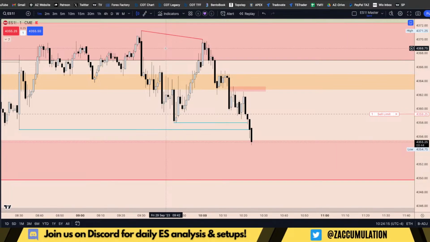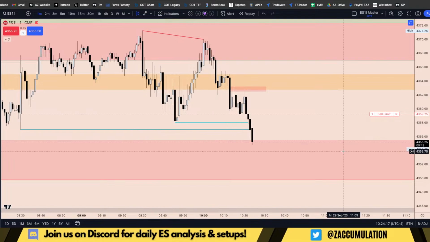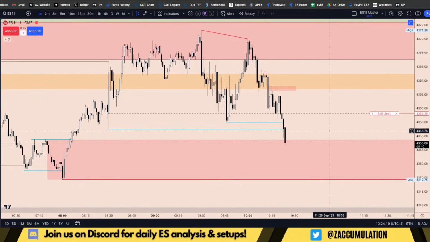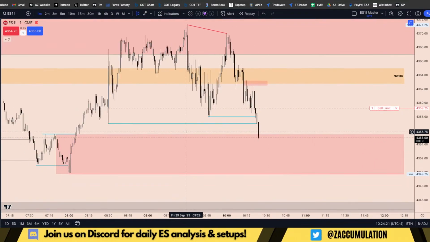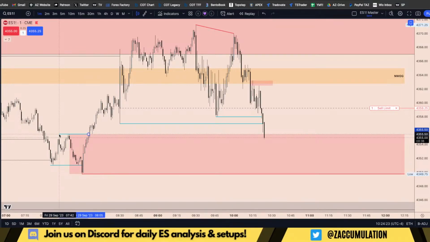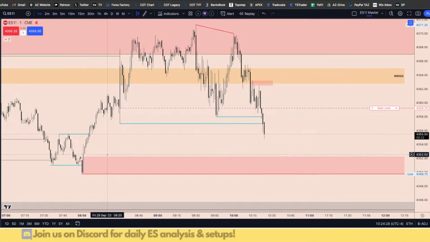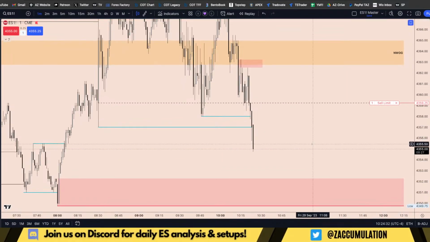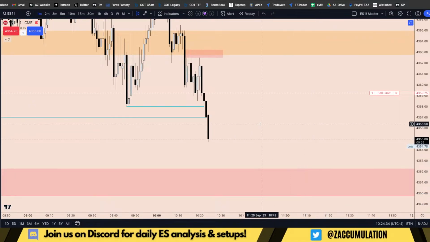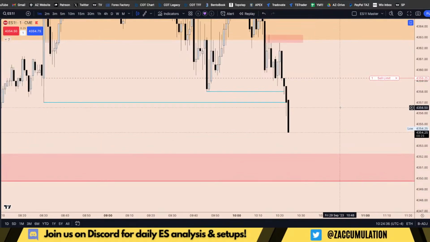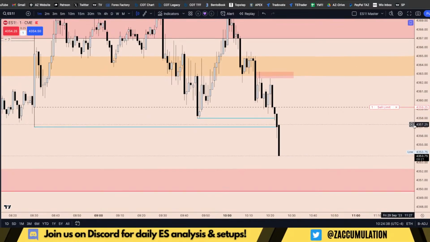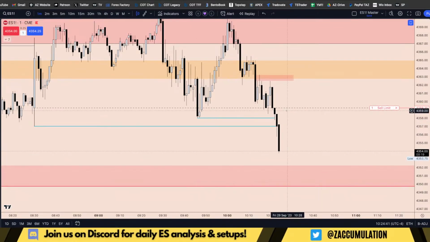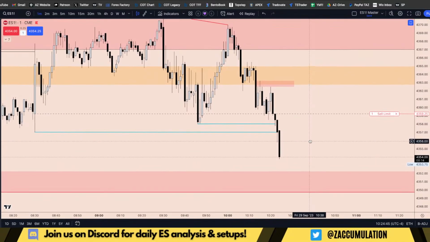Let's see if we can jump in somewhere if we leave behind a nice inefficiency on the 1 minute. That's our order block, bullish order block. We have a few unfilled inefficiencies here as well. Let's see. After 50 minutes of chop since the New York open, we are starting to get a move.